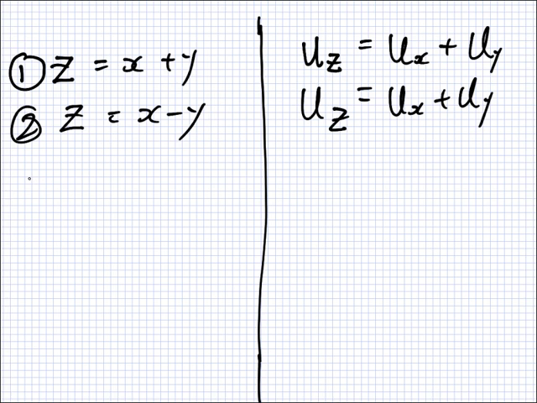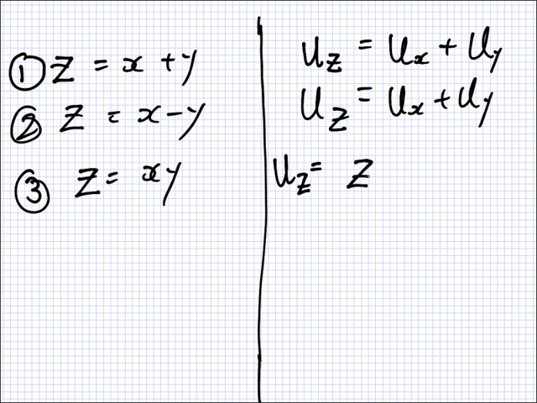Okay. Rule 3. Suppose z is equal to x multiplied by y. What's the uncertainty of z now? So that is equal to the average value of z, so whatever z's average value is, times the square root of.